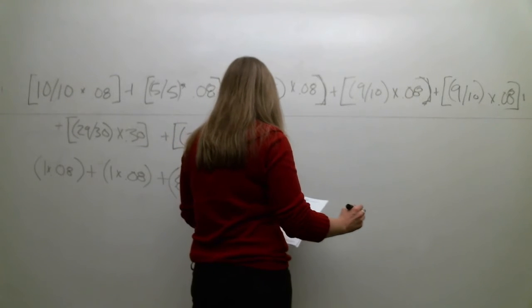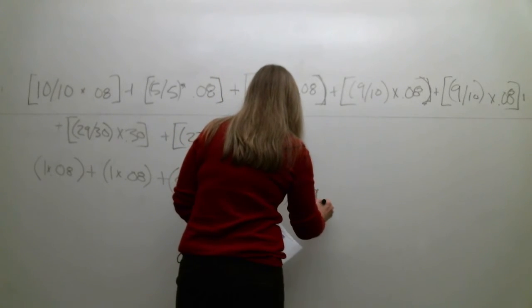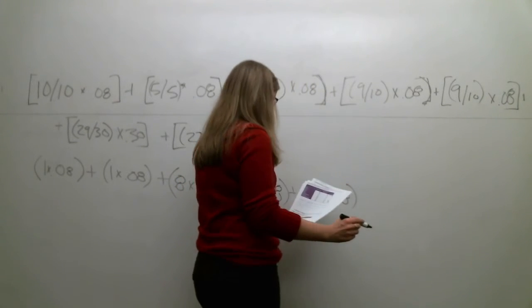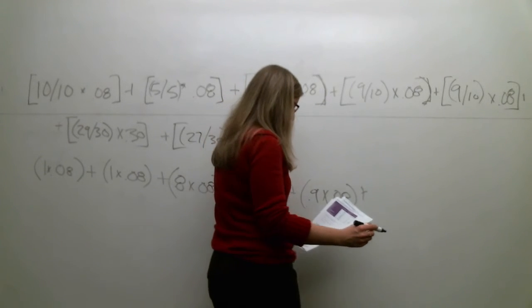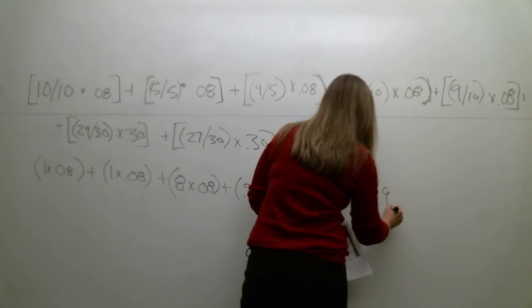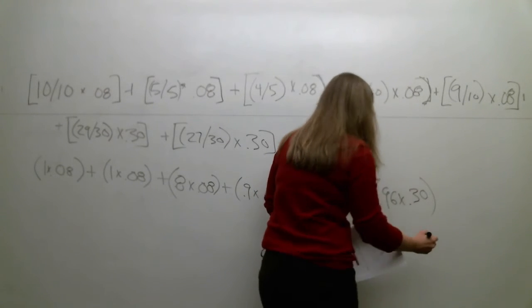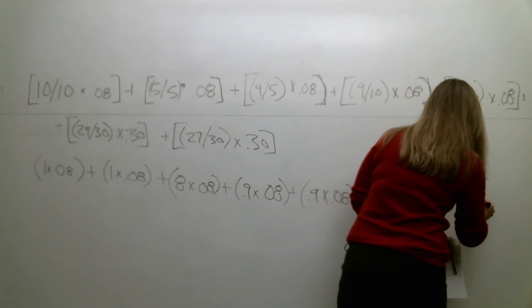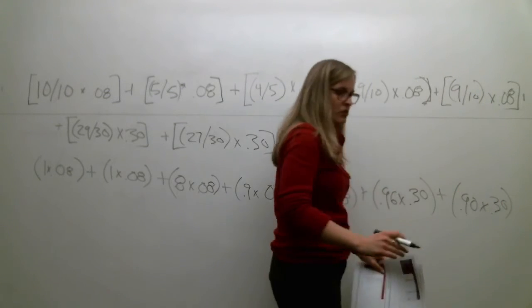Plus 0.9, one more of those. Got the same score twice. Times 0.08. Not forgetting to add in my persuasive essay, 0.96 times 0.30, because that one's worth 30% of the grade. And finally, 0.90 times 0.30, because the final is worth 30% of the grade.